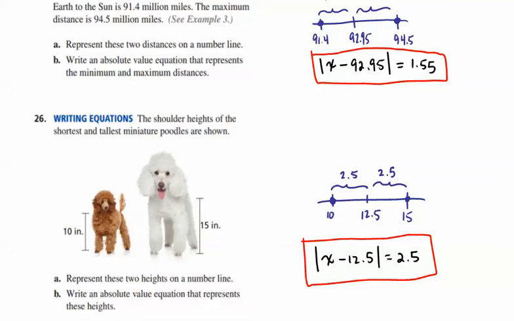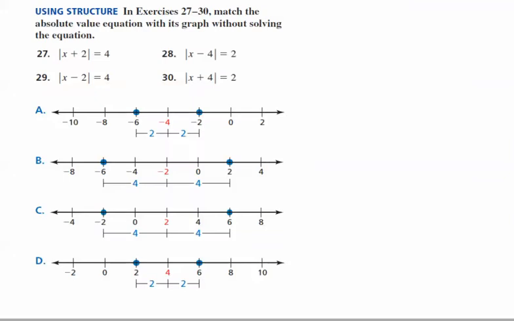I'll scroll up. Okay, so here in 27, 28, 29, and 30, we have some absolute value equations, and then we have some graphs that go along with them. And I think that it might be easiest for us to actually look at the graphs, and we know now how to construct these absolute value equations.